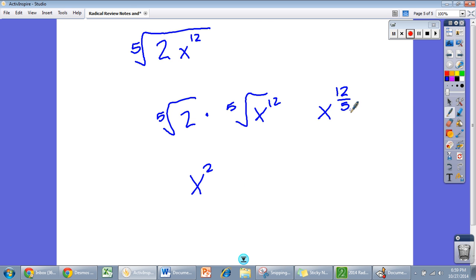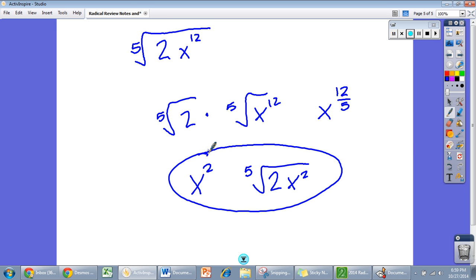How many is left over? Well, 5 times 2 is 10. That would leave 2 left over. And then, of course, this 5th root of 2 that we couldn't do anything with would stay. So this would be your final answer if you were working and trying to simplify your variables to a power using the rational exponent method instead. So if that helps you, by all means use that as well.